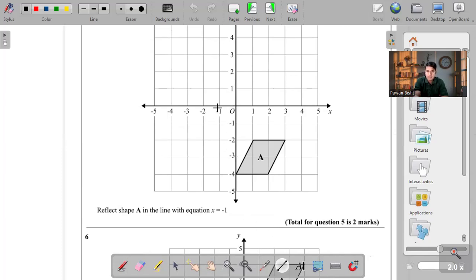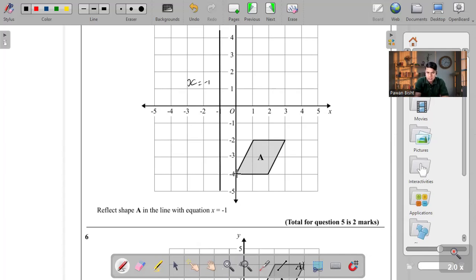So you see, this is -1. If I reduce it this way, this is x equals -1. Now I have to draw a mirror image of this figure along this line x equals -1.